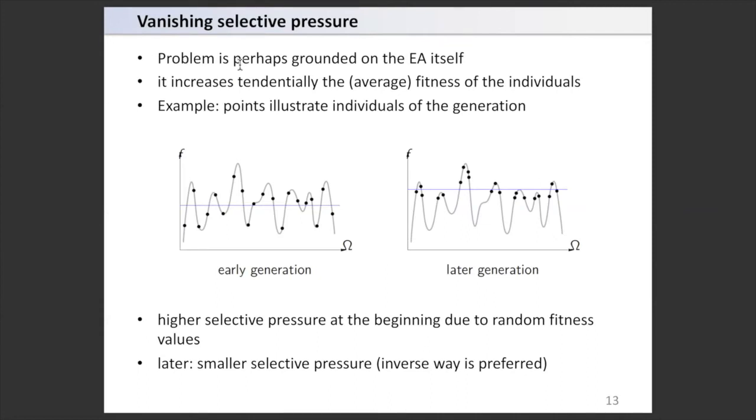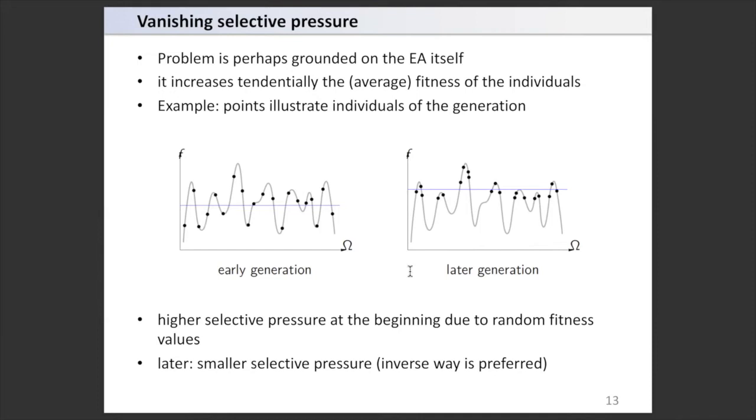The problem is perhaps grounded in the evolutionary algorithm itself. It increases the average fitness of the individuals. For example, consider the early generations here and suppose that in the search space, the fitness function has values like that, and some individuals are selected randomly in the search space.